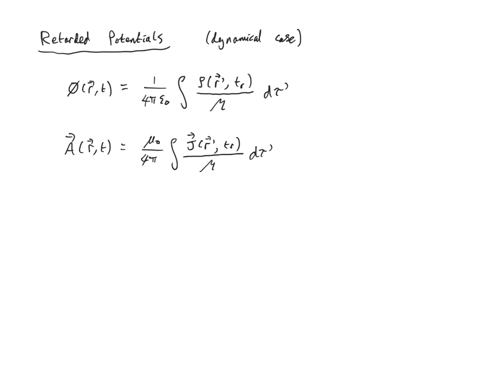And then I integrate over the source points. Again, the script r is the separation between the field point r and the source point r primed. So these equations look exactly the same as in the static limit, except we use the retarded time.